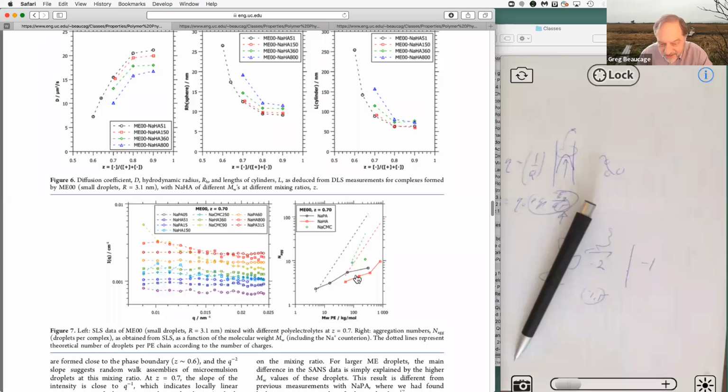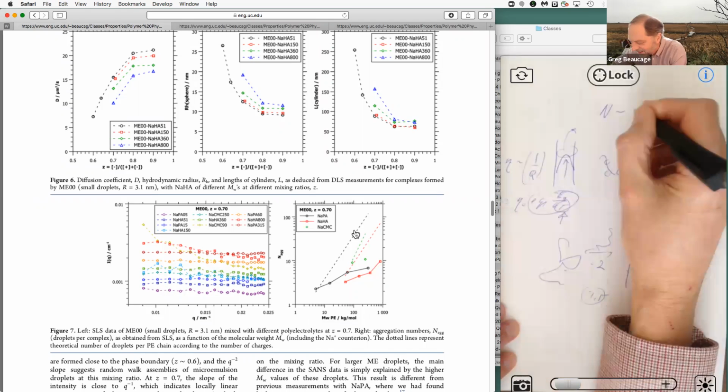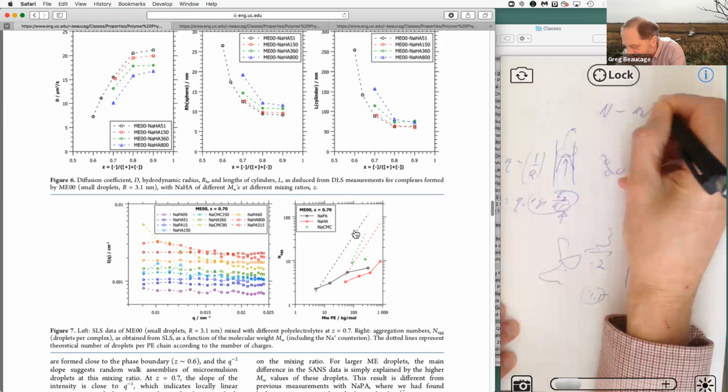In fact, if you count out the decades, you have 1 decade by 3 decades. So you do a diagonal across this to 1 decade, and you find out that's about the slope you have, which means that your number of spheres goes with the molecular weight of the polyelectrolyte cubed. Okay, so you have the number goes with the molecular weight to the 3.